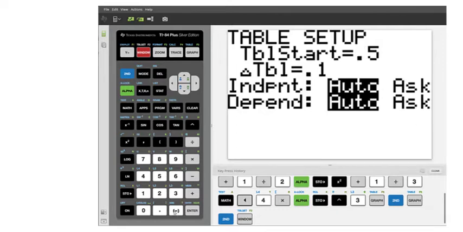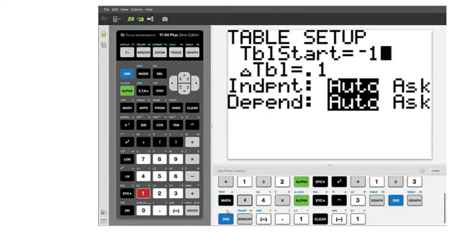Make sure you're using the negative symbol and not the subtraction. Actually, I'm going to use negative 1 for the first row of my table. And my delta table is 0.1, so I'm going to go up 1/10 at a time. Got everything set the way I want it.